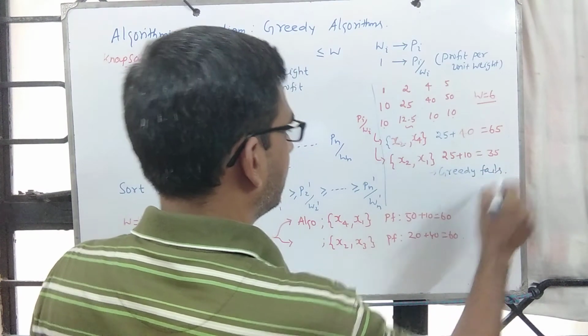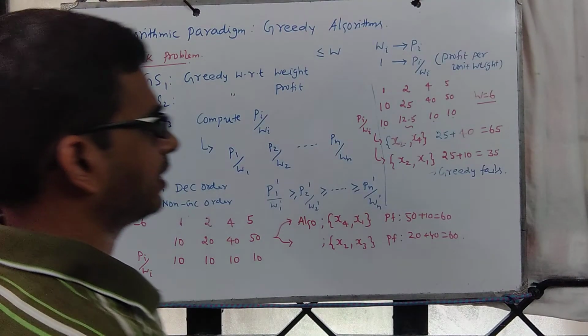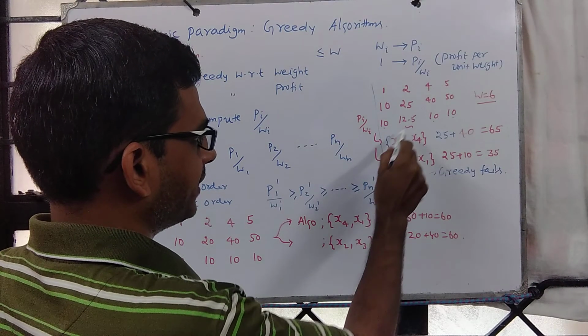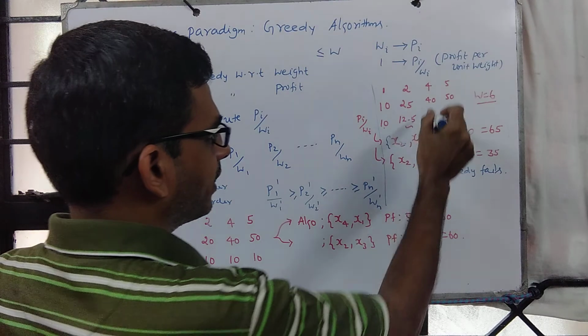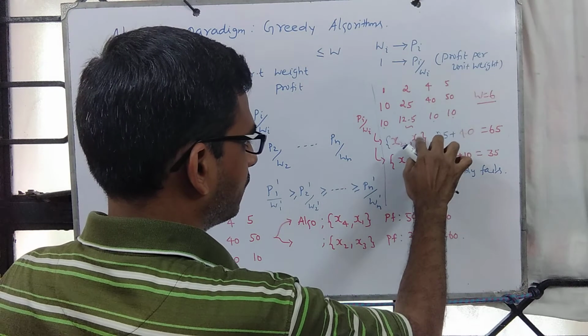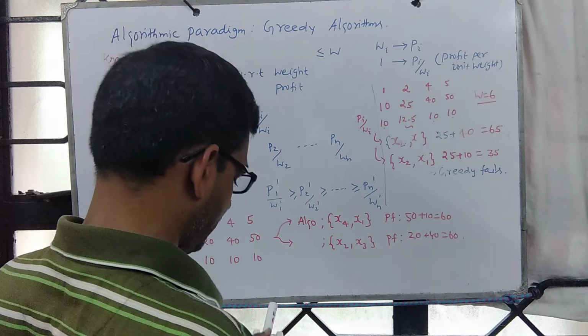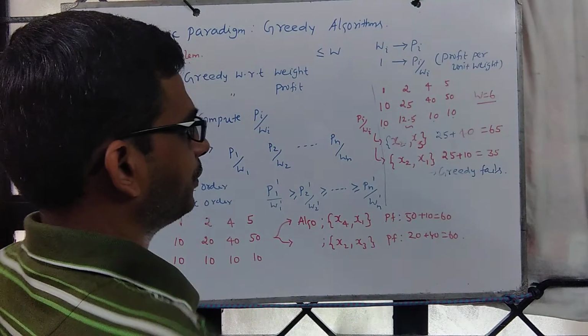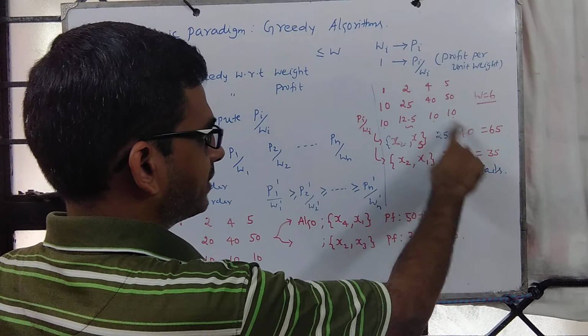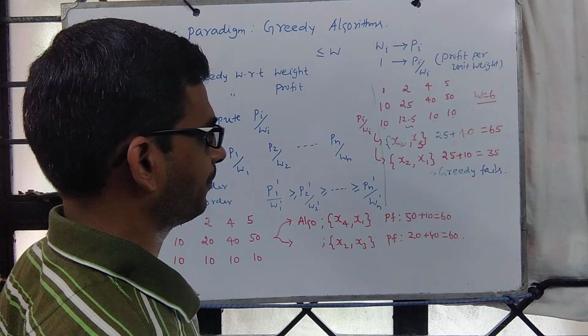Correct? So you see that if the algorithm picks x2 followed by this object, not x4, followed by x3, then you get a profit of 25 plus 40, it's perfect.